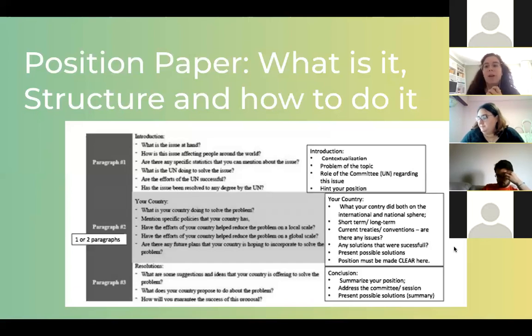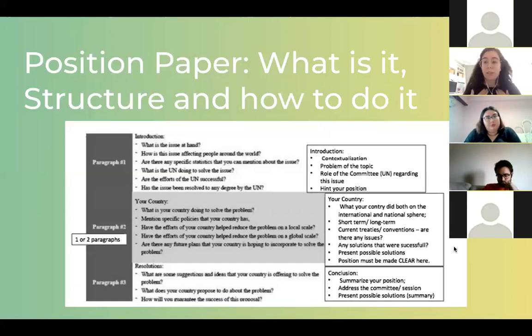For example, in WHO, what have we learned with the COVID pandemic and the distribution of vaccines, and what should you do? Again, the UNICEF: how can you stop child labor? Are there countries that stopped child labor?